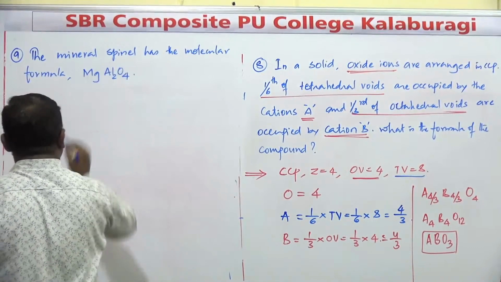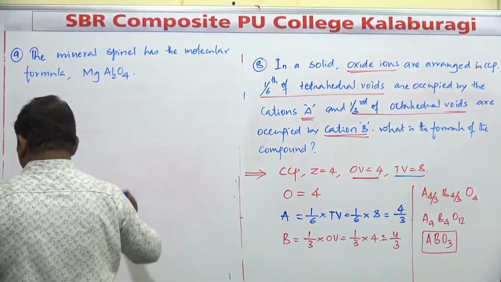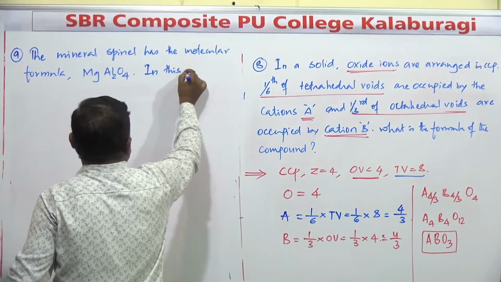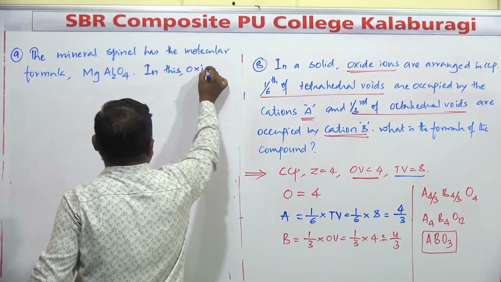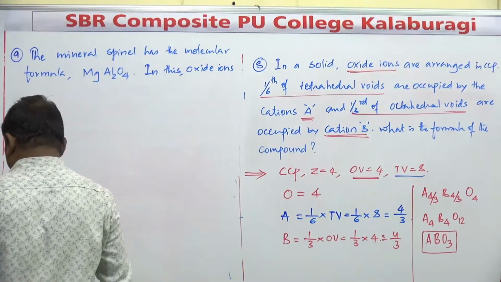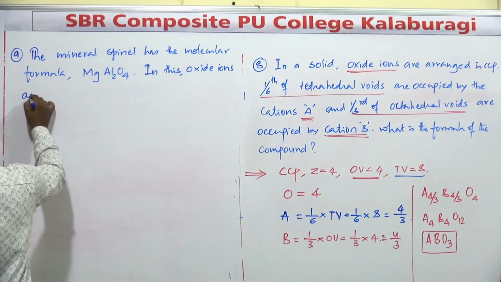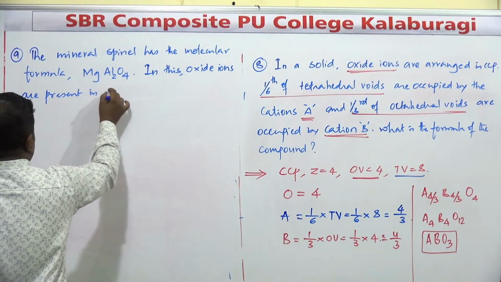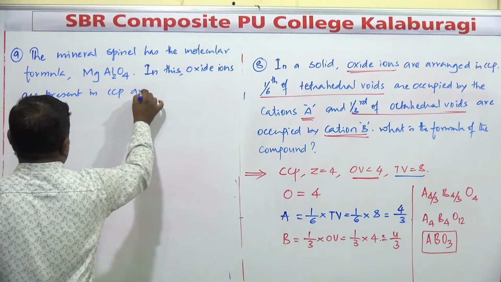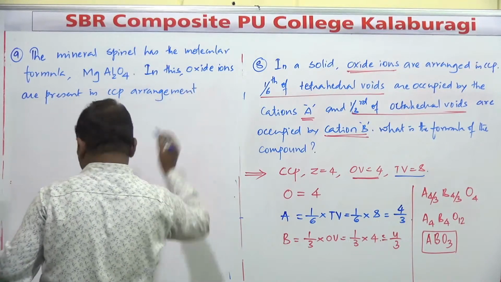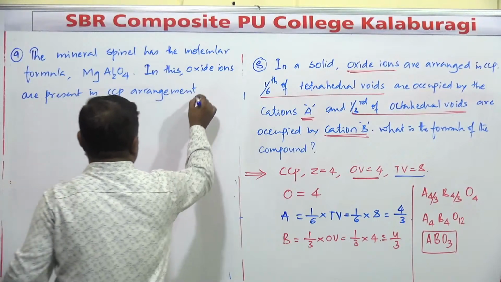MgAl2O4, it is known as spinel. In this structure, oxide ions are present in CCP arrangement.